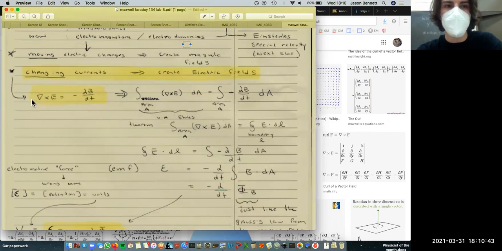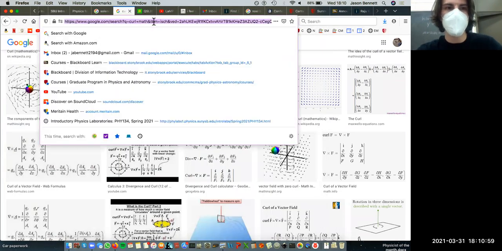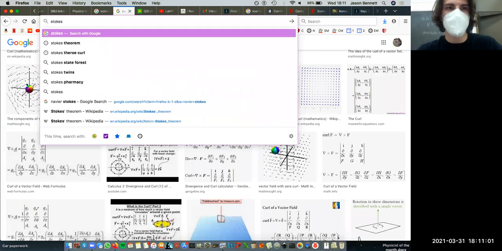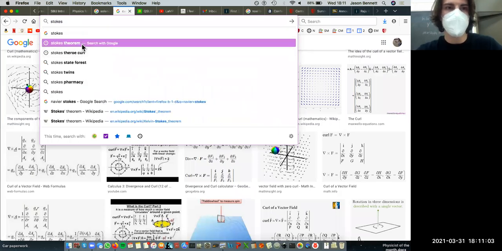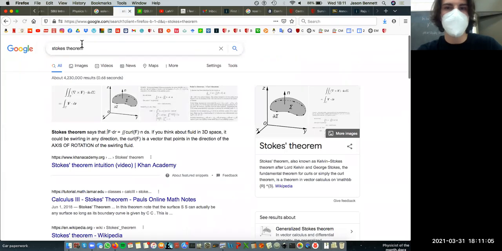If I were to integrate both of these things over an area, some kind of square, I integrate over an area and have this area element on each side here. One fundamental theorem that you use a lot when you get to electromagnetism and all these integral and differential calculus terms is called Stokes' Theorem.